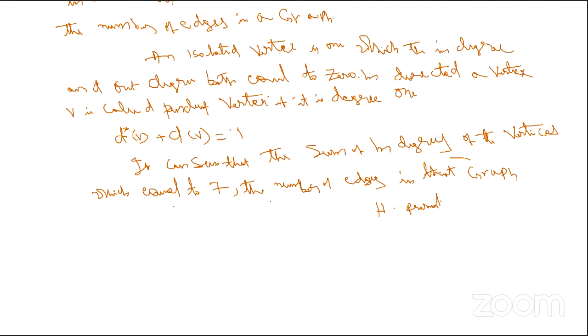I didn't understand what the box is. The number of vertices is equal to 7, the number of edges in that graph is 7. Not box, that is star: D star V plus D star V equal to 1.